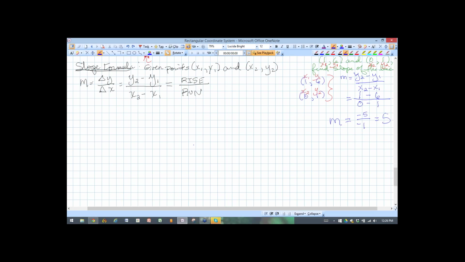Now let's draw some axes here, with enough of an area that we can really work with. Okay, that's good, and then we will label the axes.